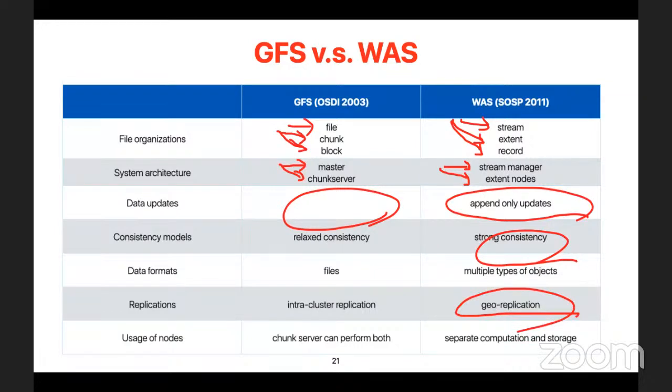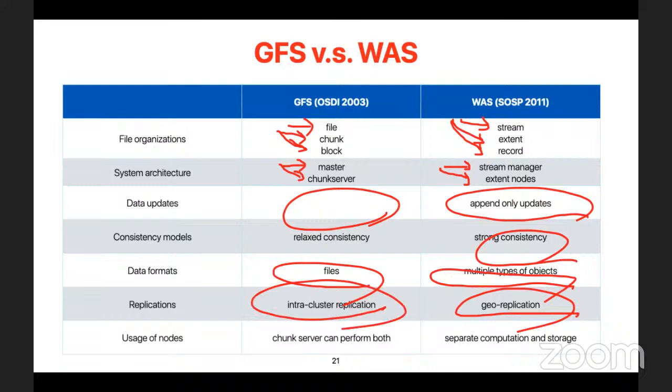And the data formats for Google File System are almost only big files, but for Windows Azure, multiple types of objects. Replication, Google File System only supports intra-cluster replication, but not geo-replication.